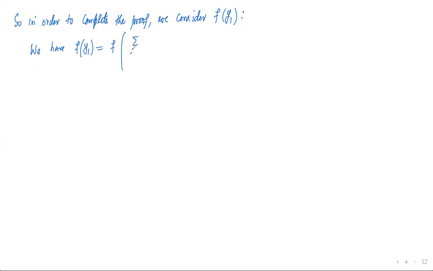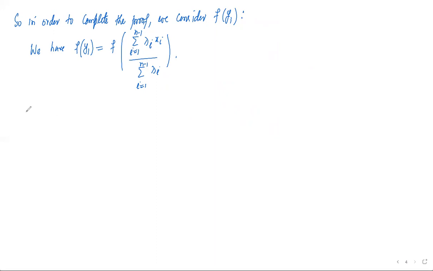This is summation i running from 1 to n minus 1 lambda i xi divided by summation i running from 1 to n minus 1 lambda i. And we will prove that this is less than or equal to, or equal to, those n minus 1 terms.